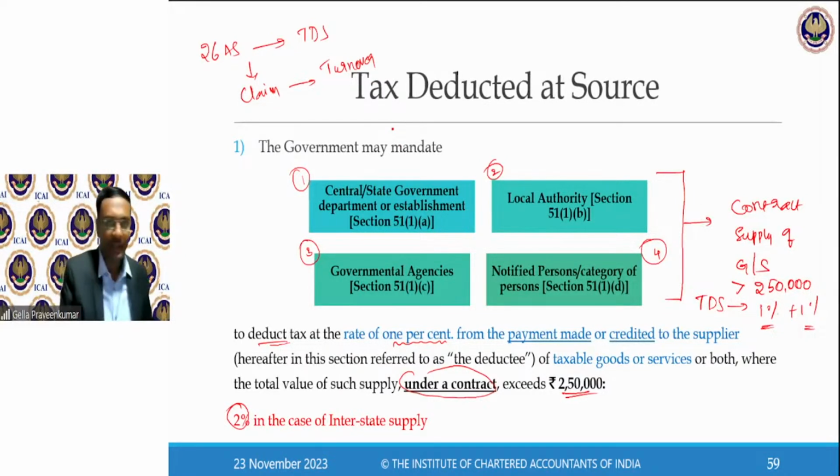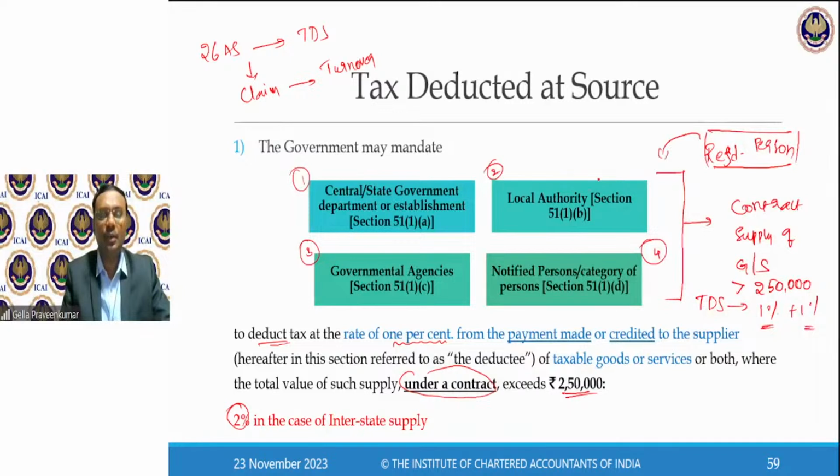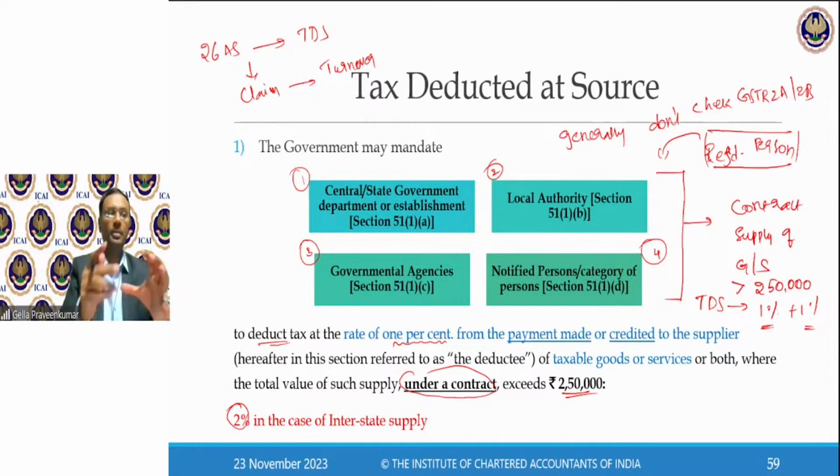Similar to that fashion, government wants to know, based on the registered person who is supplying the goods or services to these four sectors, who generally don't check GSTR-2A or 2B. But government wanted data of these particular set of suppliers. For that purpose, TDS was brought into picture.